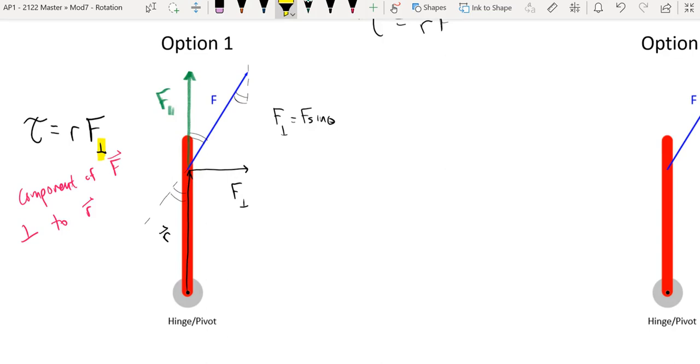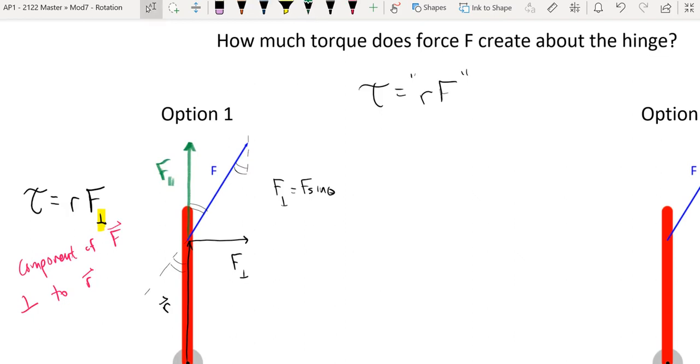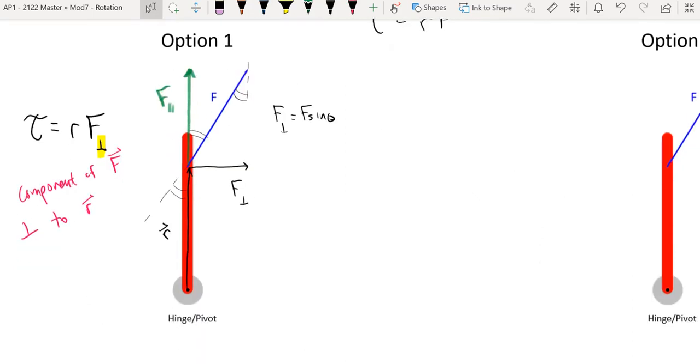Look at this F parallel: pulling this way has no tendency at all to create angular acceleration about that axis. Only this perpendicular component does. So the size of the torque in this case is R F sine theta, because F sine theta is how big F perp is. Sound good? Good.